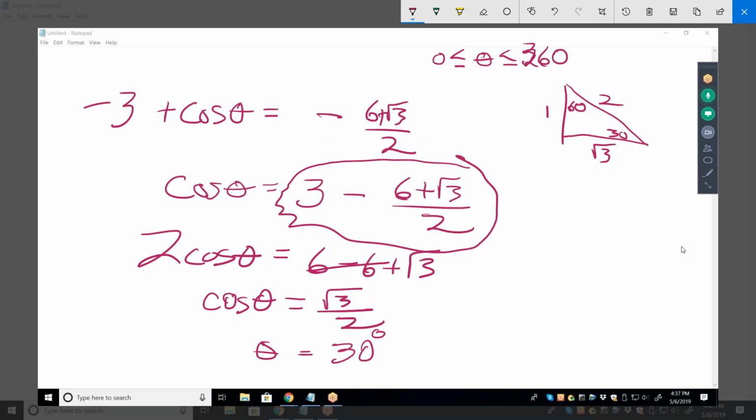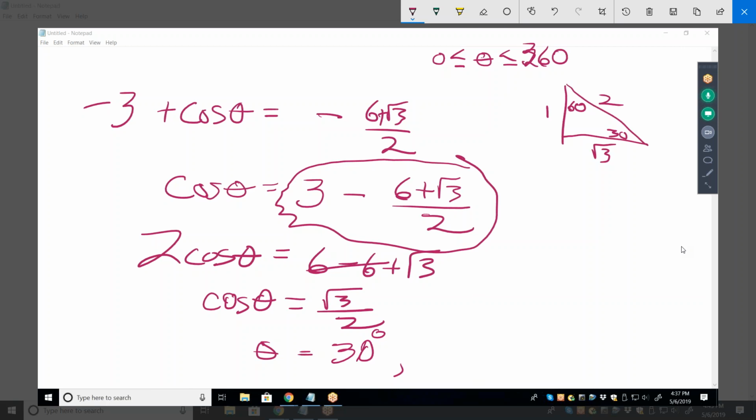Now, with that information, we can figure out the second answer. First of all, what quadrant is the second answer going to be in? Fourth. Okay. What's the angle? Just take 360 minus this first quadrant angle.